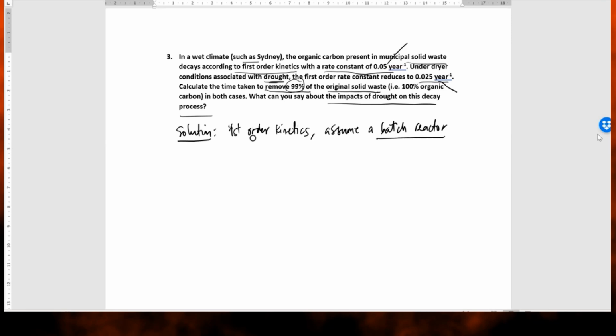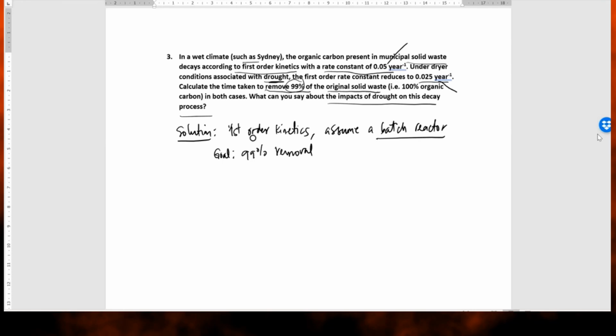We can do it in a similar way to the previous problem, the first problem. We need 99% removal, that is the goal: 99% removal of that organic carbon from municipal solid waste.